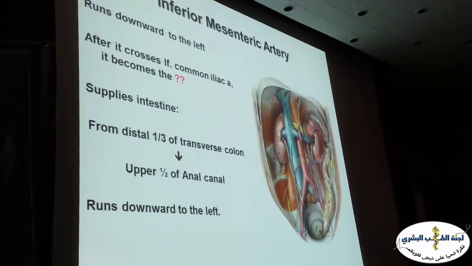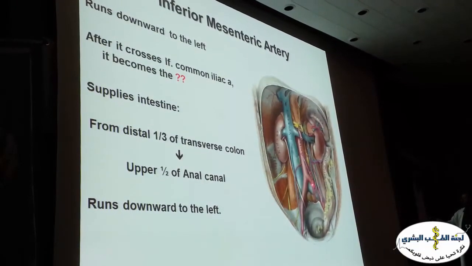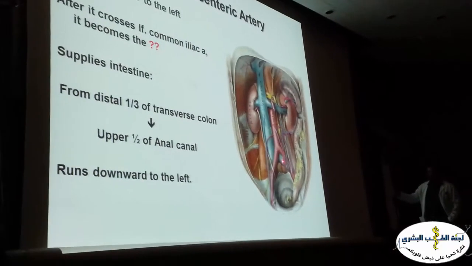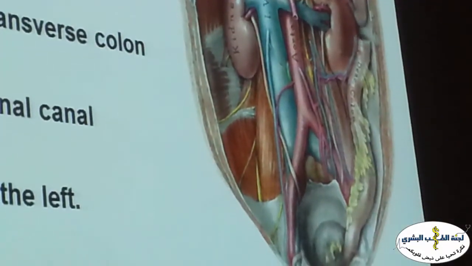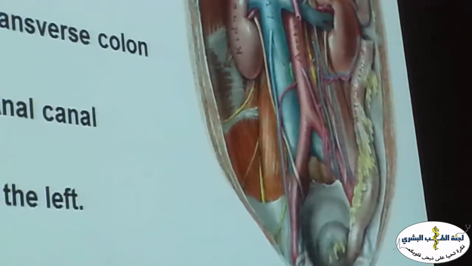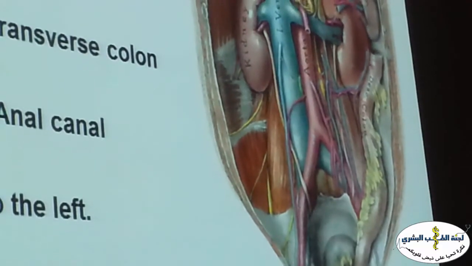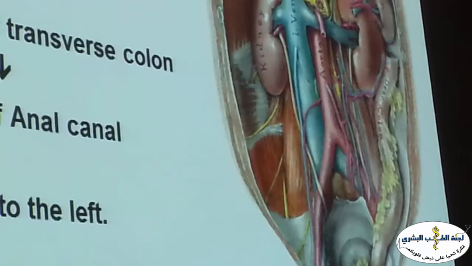This is the left common iliac. Do you see the inferior mesenteric here? This branch here will become what? The superior rectal artery, which is the terminal branch of the inferior mesenteric. What is the terminal branch of the superior? Ileocolic. Remember this, ileocolic. Okay?